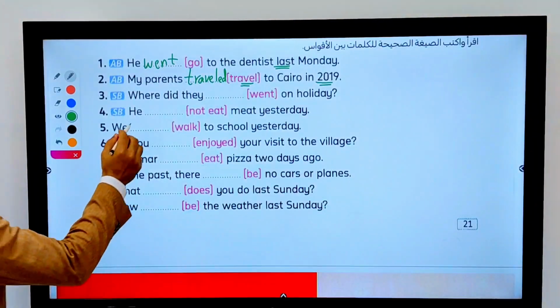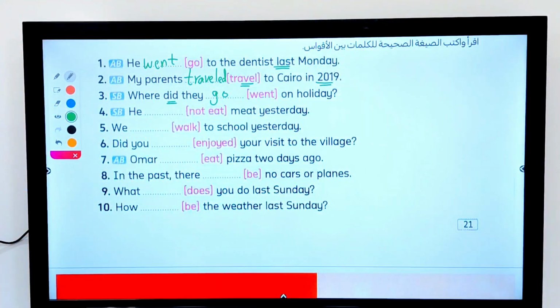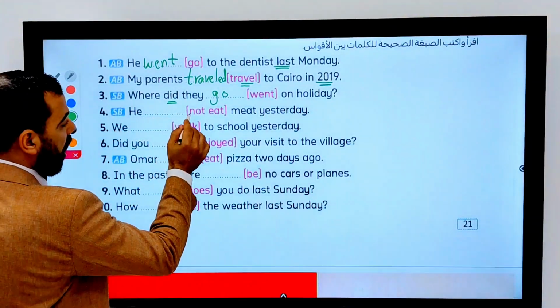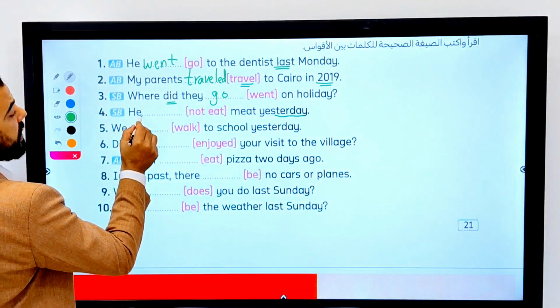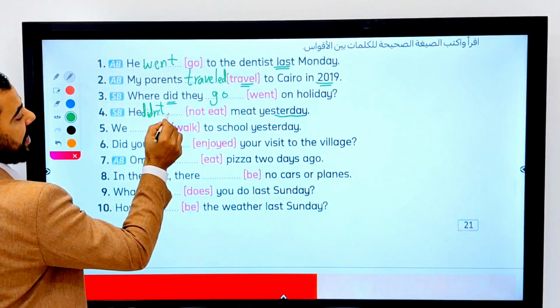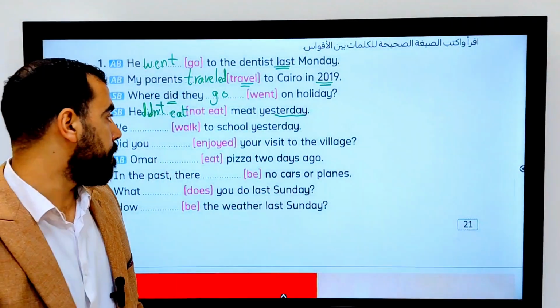When did they go? After did we use the infinitive. He didn't eat meat yesterday. Yesterday is in the past, so we need did not or didn't plus the infinitive.